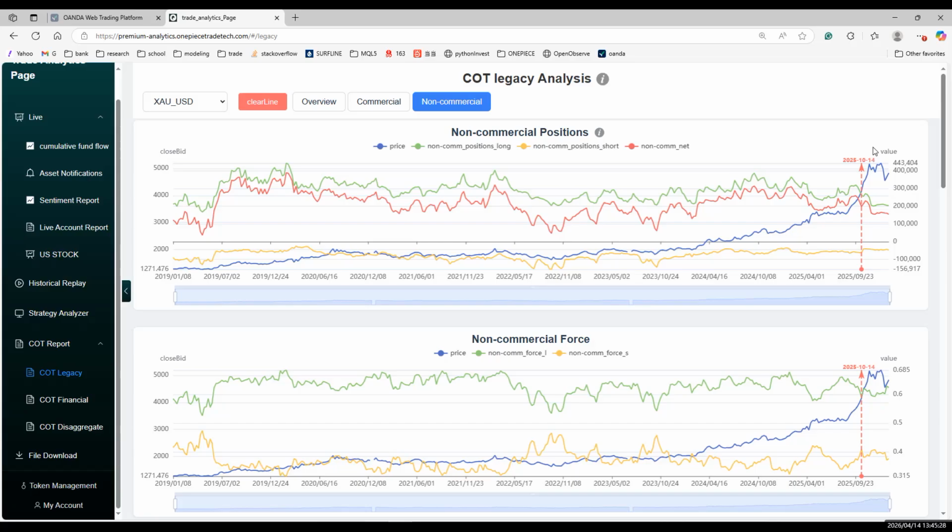Another way to put it is that the market participants who hold a long bias in gold have been trying to stay on the side as the market develops for the past 2 months.